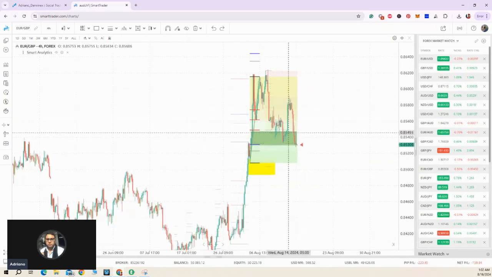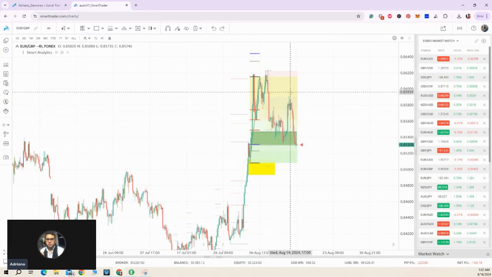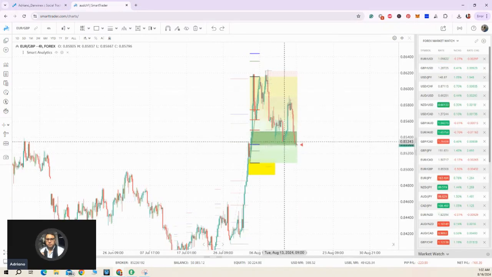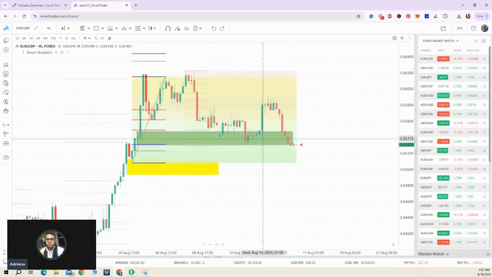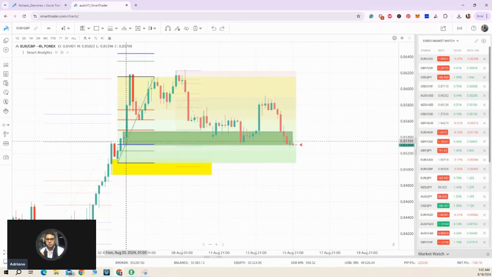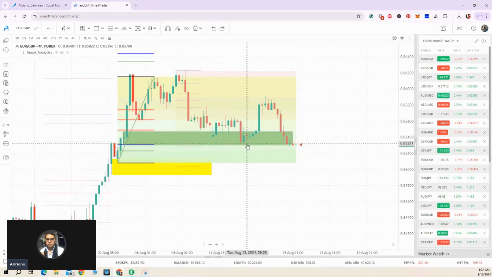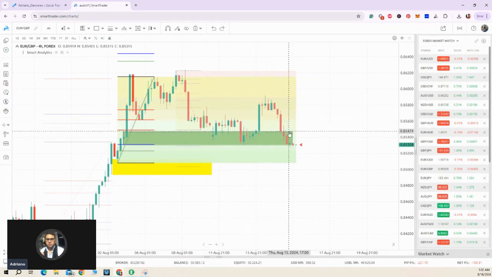Euro GBP. So it's an up swing. The market just broke this demand zone. Let's see what's going on. It was a good zone. The market respected it one time, two times, and then the market went up, came back, and broke.